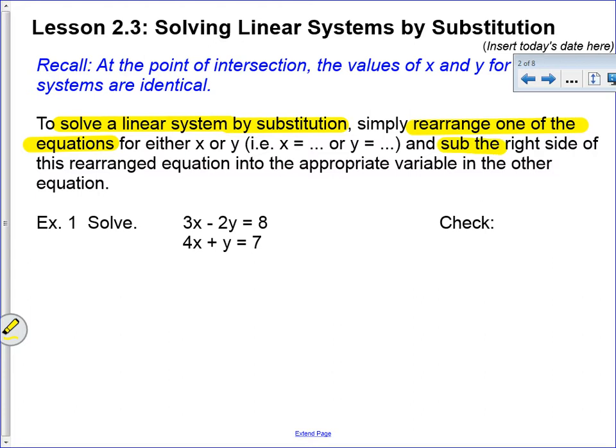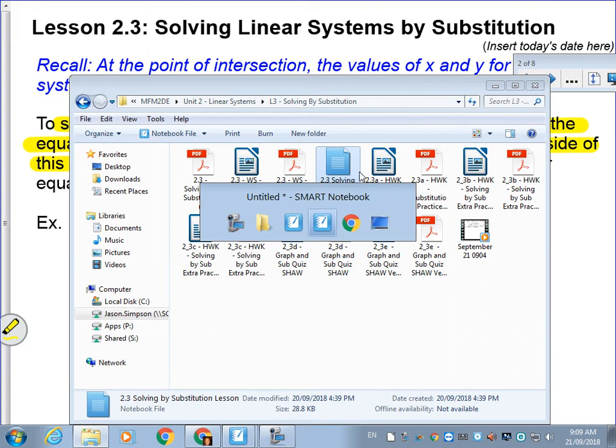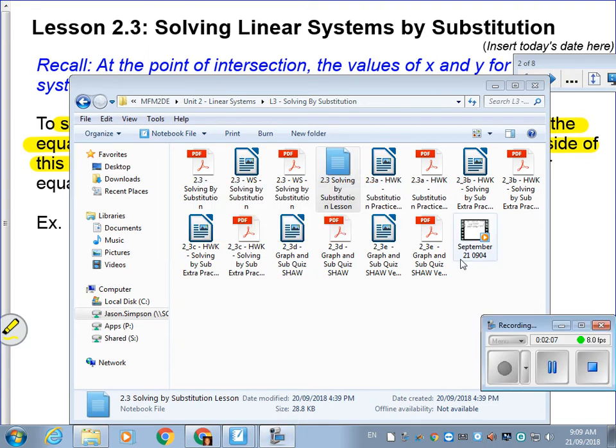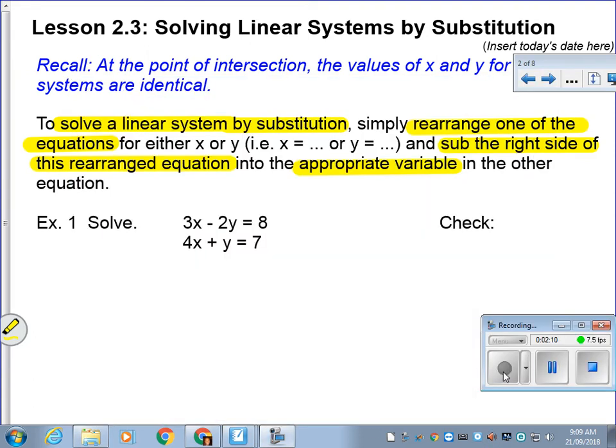We sub the right side of the rearranged equation into the appropriate variable of the other. And I want you to write down this basic equation, and I'll wait for you, and then we'll do the problem.